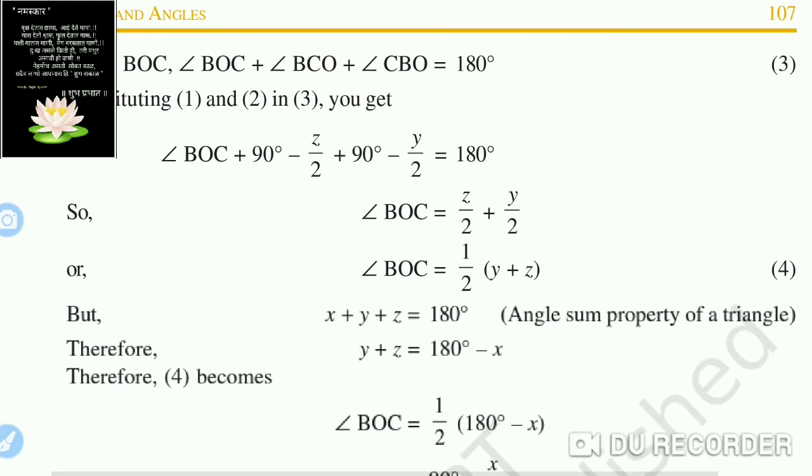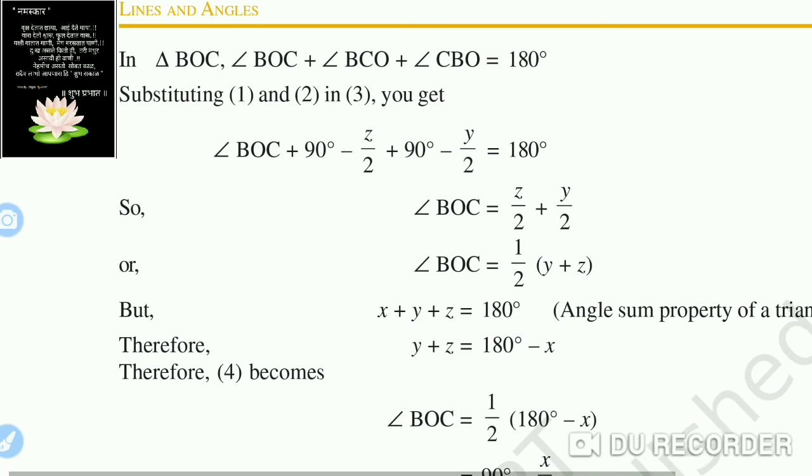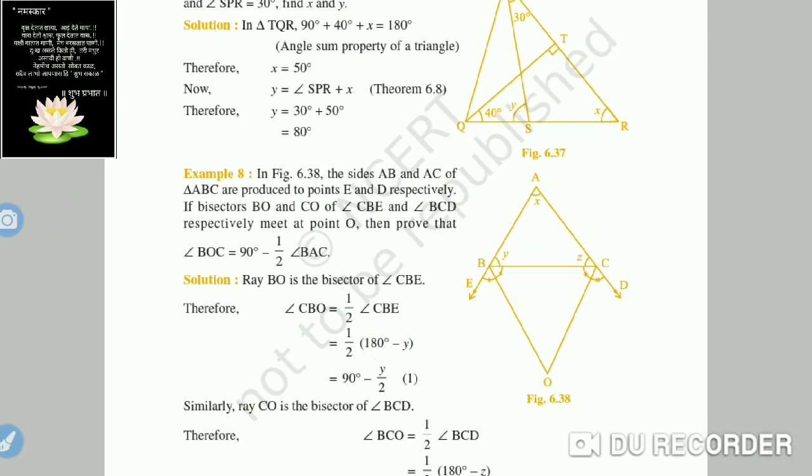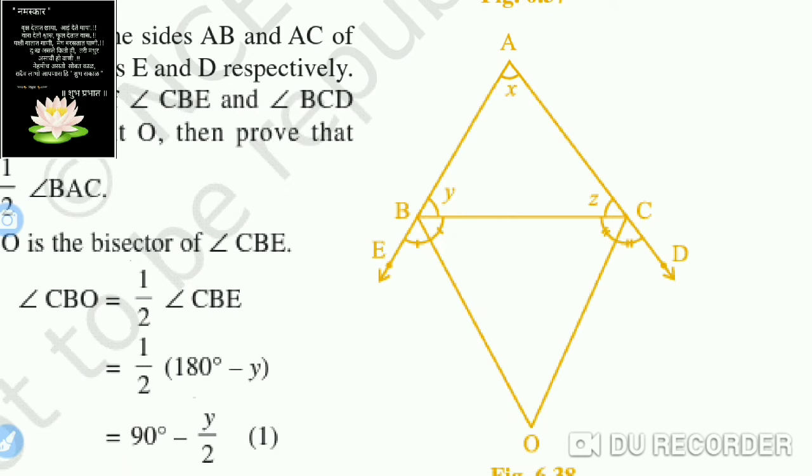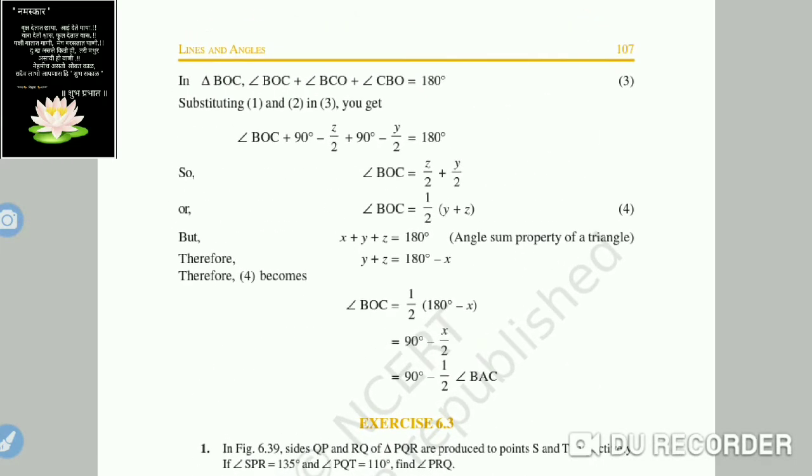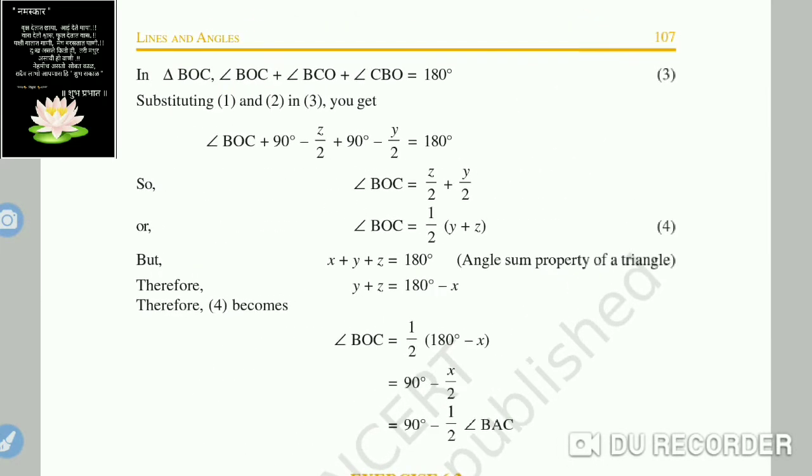Now in triangle BOC, angle BOC plus BCO plus CBO is 180. See, triangle BOC. In that, angle CBO and angle BCO plus angle BOC is equal to 180 degree. Now here we know the measure of angle BCO is 90 minus Z by 2 and CBO is 90 minus Y by 2.